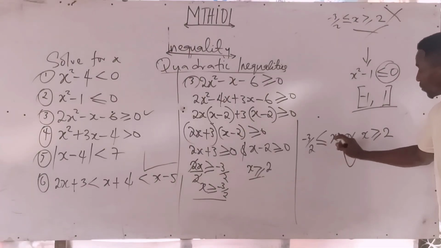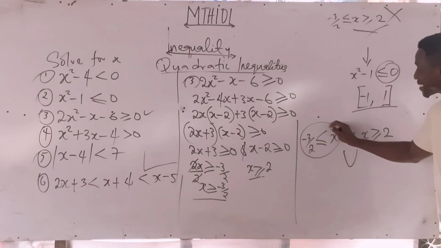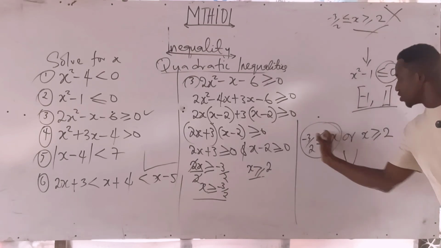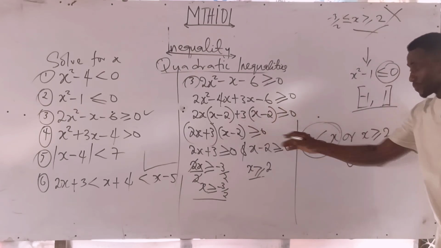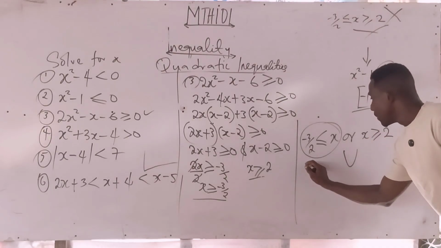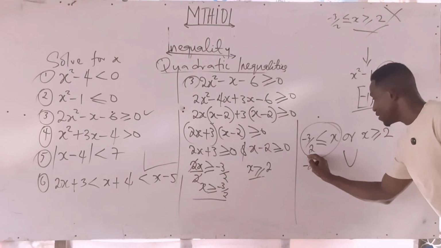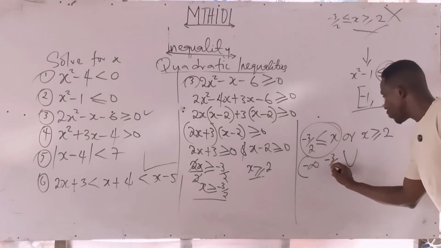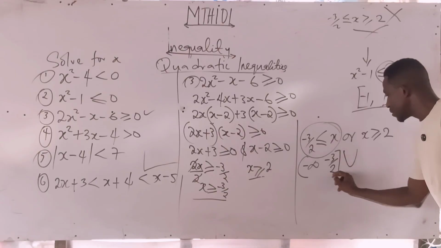But pay attention. This one now, as it stands, is okay. But if you find it out, you notice that x is to negative infinity, and this x is to what? Positive infinity. You now write negative infinity. You open it to minus 3 over 2. You close it.